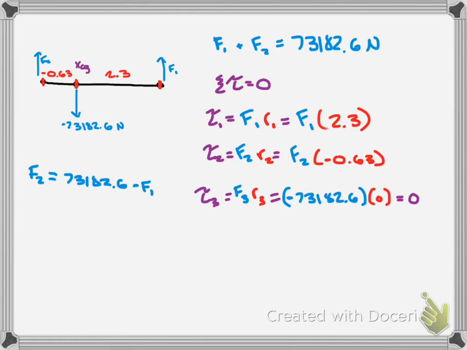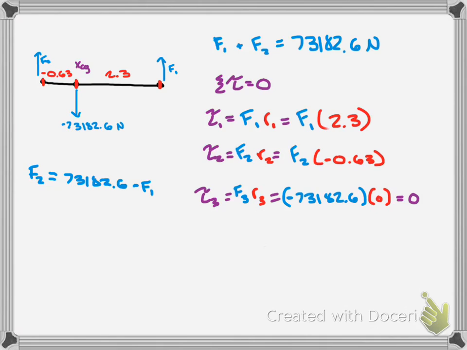So remember how we said that F1 plus F2 is equal to 73,182.6 newtons? Well, using your basic math skills, you subtract F1 on both sides, and you get that F2 is 73,182.6 minus F1. Okay, so also remember that torque 1 plus torque 2 plus torque 3 is equal to 0.